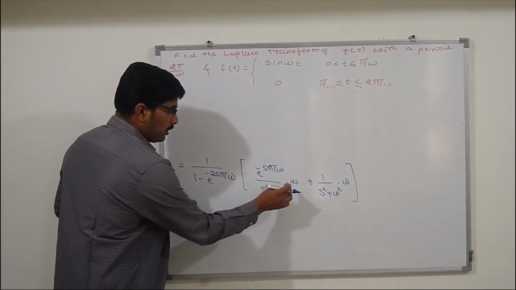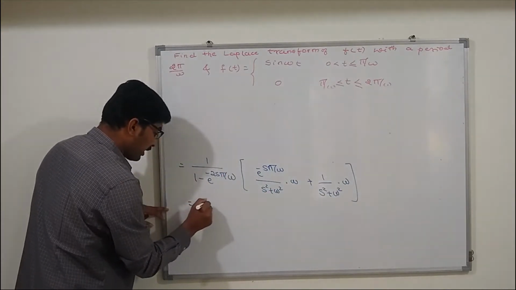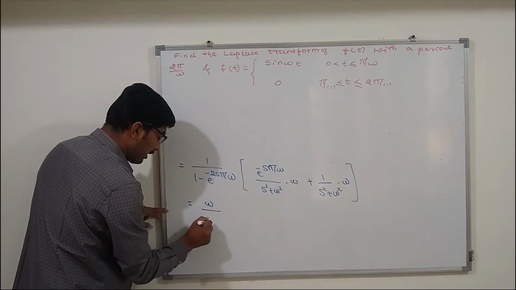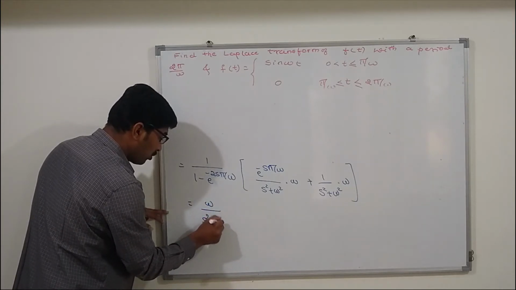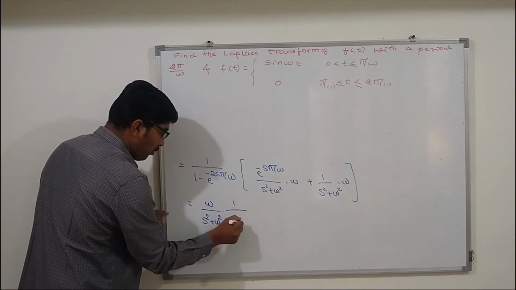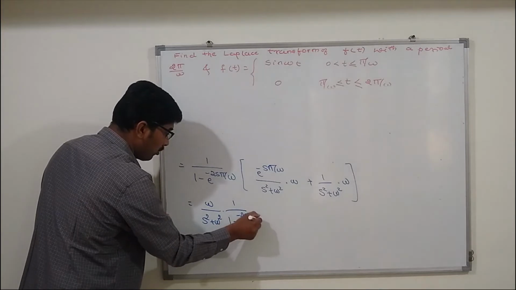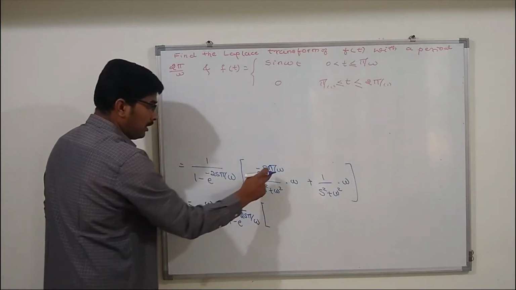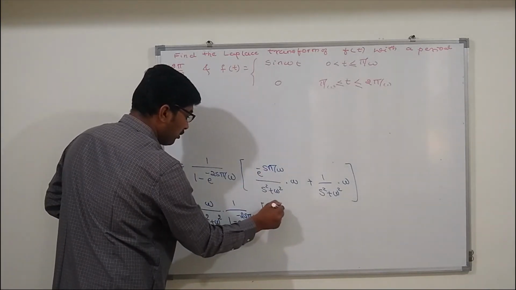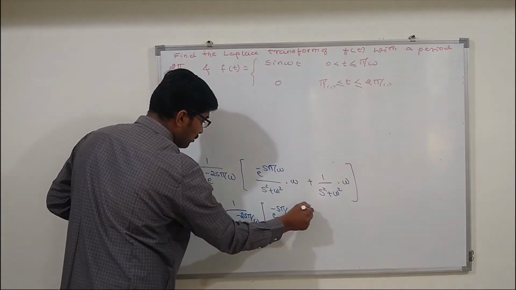Now here you can take omega divided by s square plus omega square common. So we can write it as omega divided by s square plus omega square is common. Then we are left with 1 divided by 1 minus e raised to minus 2s pi by omega into bracket. Here we are left with e raised to minus s pi by omega plus 1.